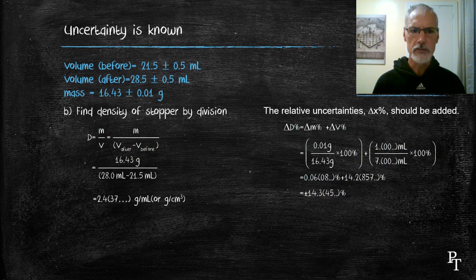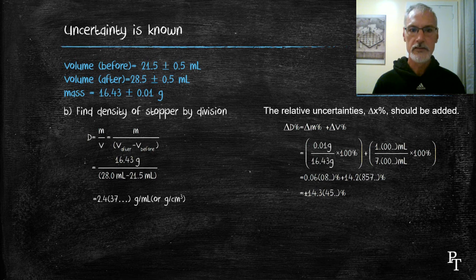This is important to note because if one is trying to improve an experiment, at least the precision of an experiment, one of the things you may want to look at is what is your biggest source of error? And in this case, it's the volume. So to improve this experiment, I would really want to look at a different technique or an improved technique of measuring my volume. Anyway, at this point I know I have about 14.3% error in my answer.